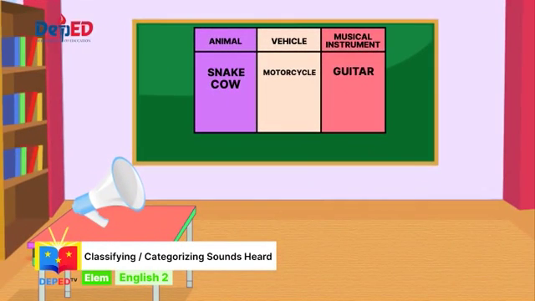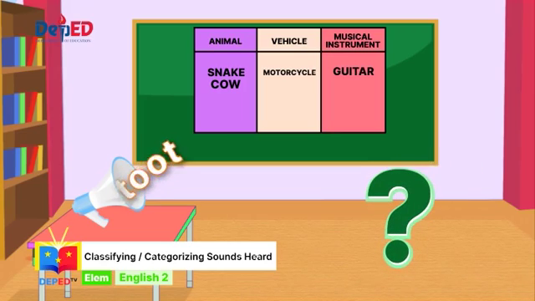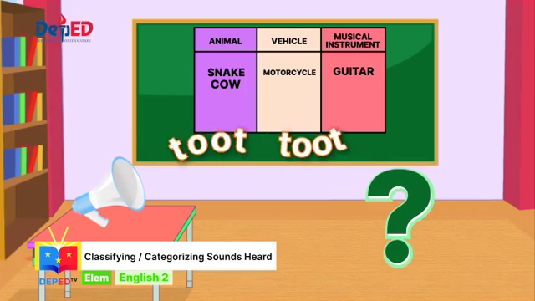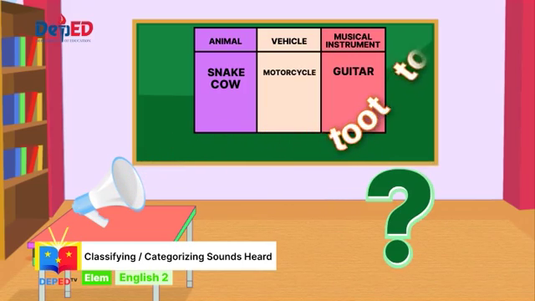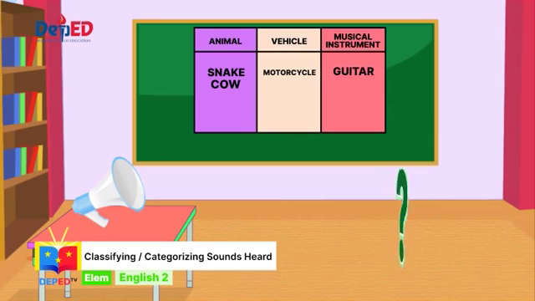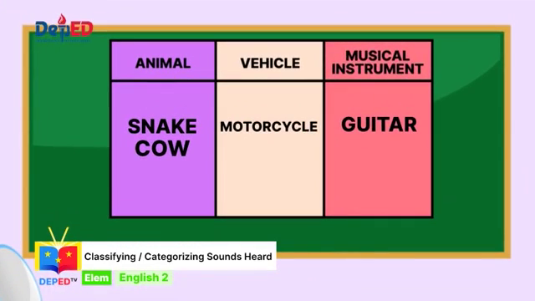I really love the sound of this next one. What do you think produces this sound? Good! It's a flute. Which column does this belong? Right, still in the third column, musical instrument.